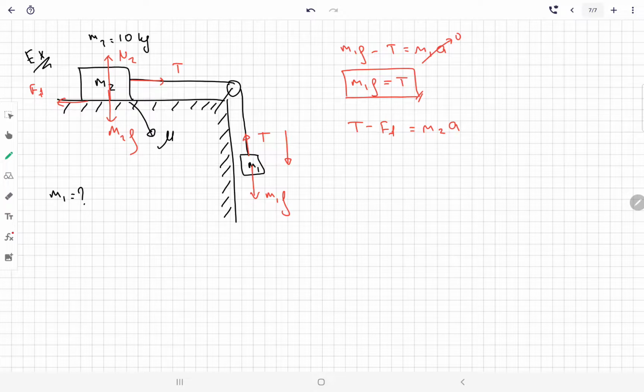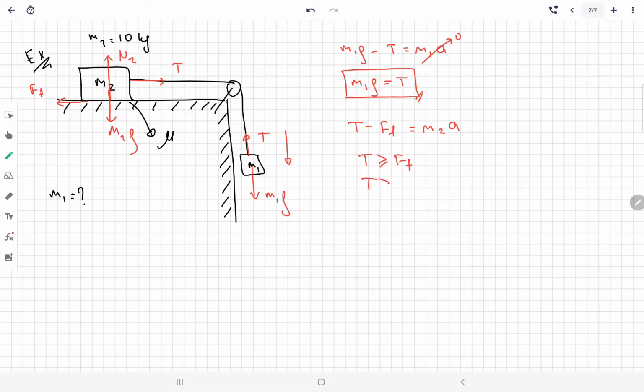And logically, this second object will move to the right if tension is greater than friction force, or at least it should be equal to the friction force. And we know that in order to move this object, which we assume is moving, friction force reached its maximum value.